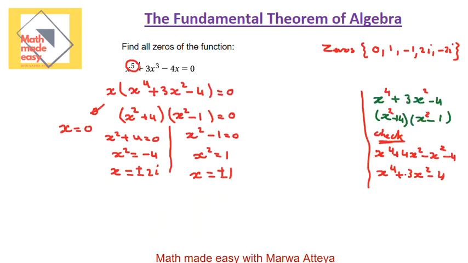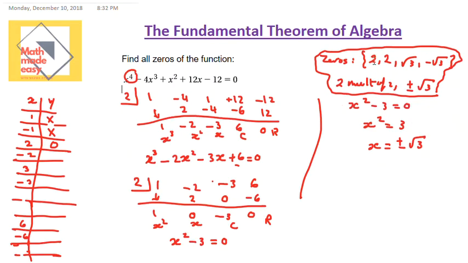So this is the fundamental theorem of algebra, which states that the number of roots or zeros for any polynomial function is equal to its degree, exactly the same as the degree of the function. That includes real roots, complex roots, and multiplicities or multiple roots, like we had in the second case here, where 2 had a multiplicity of 2. It happened twice, so we counted 2 times.